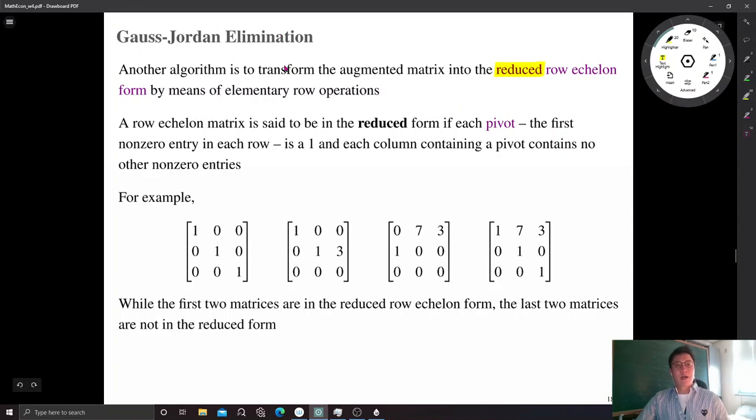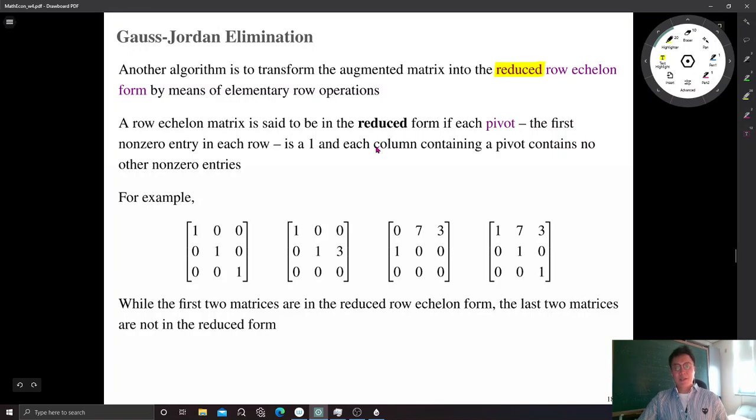Okay, so a row echelon form matrix is said to be in the reduced form if the first non-zero entry in each row, that is called the pivot, is a number 1. So that is the first condition for a matrix to be in the reduced form.